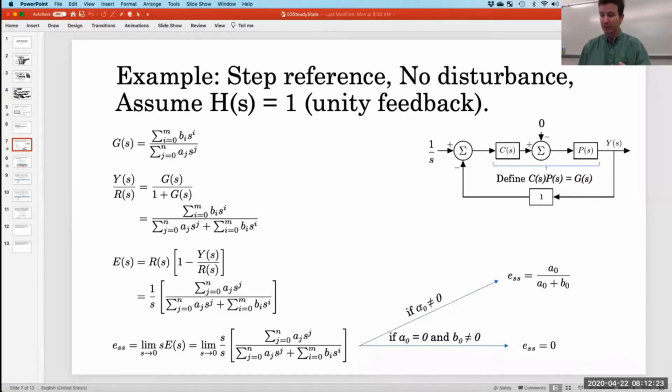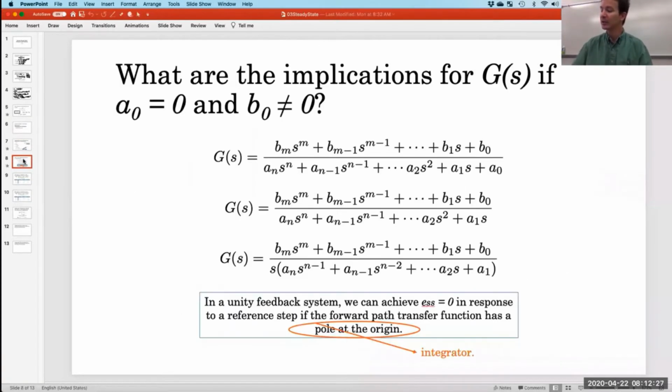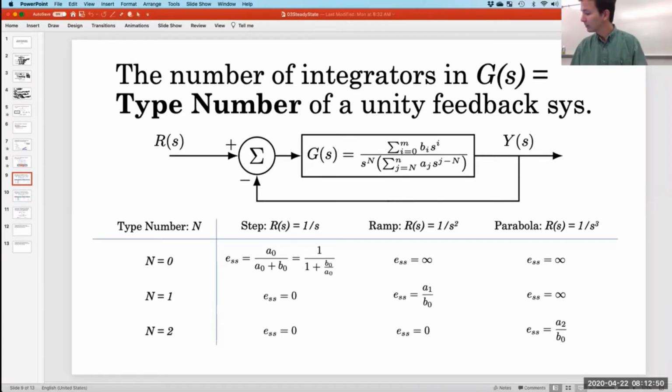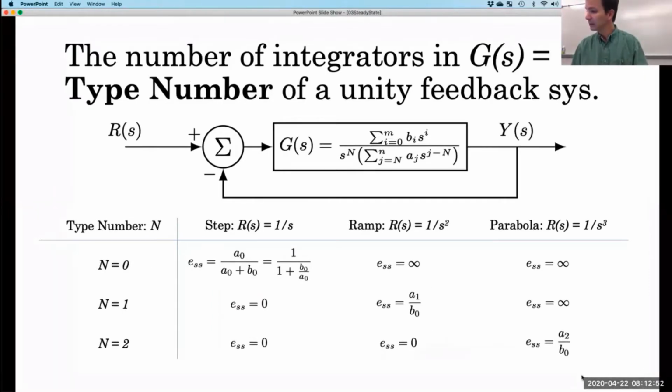Now that's super opaque to say it that way, but the conclusion was that if that coefficient is 0, that is equivalent to there being a pole at the origin of that forward path transfer function, which I'm calling G. Okay, and then the last tidbit was we call poles at the origin integrating poles, or just integrators.